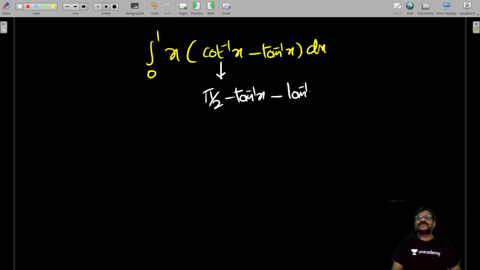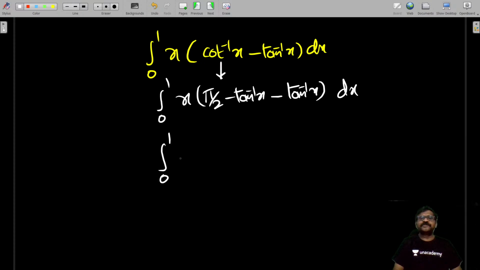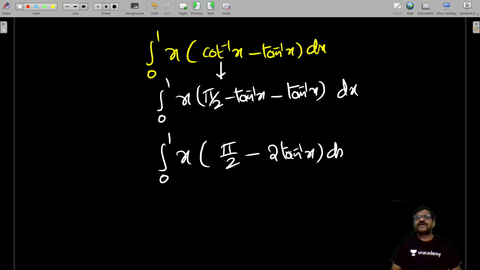So we have pi by 2 minus tan inverse x minus tan inverse x, which is pi by 2 minus 2 tan inverse x, times x, from 0 to 1, dx.